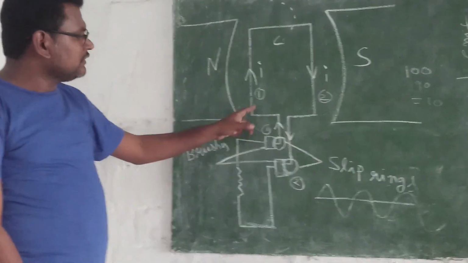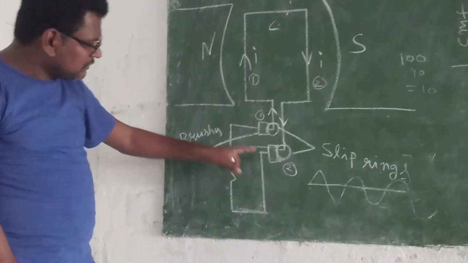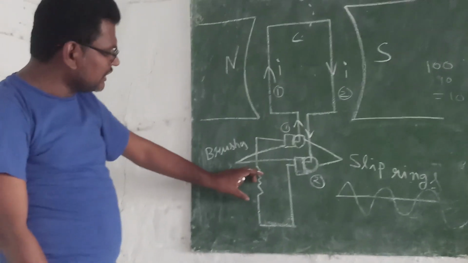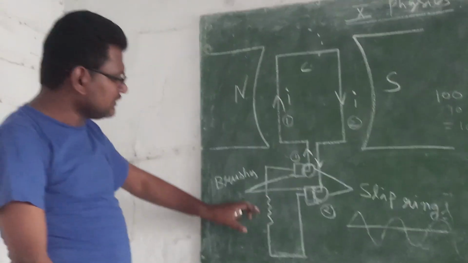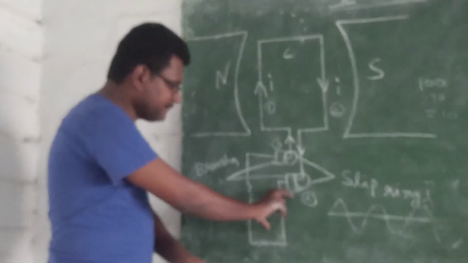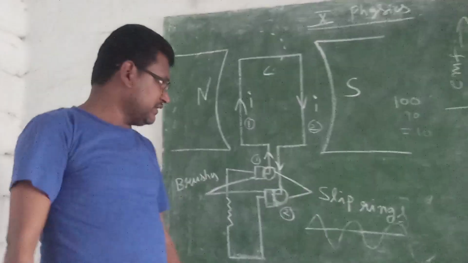That's why the current which flows in both directions flows through this external circuit also, and here consumers can utilize that AC current. That means alternating current. So this is the working of the AC generator.